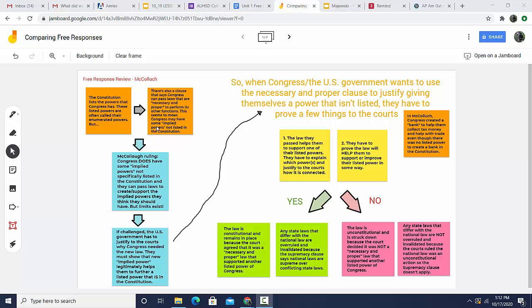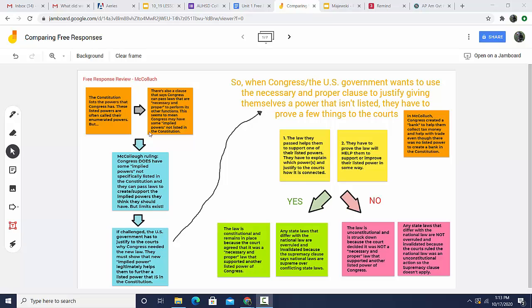So again, when Congress and the U.S. government on behalf of Congress want to use the necessary and proper clause anytime they want to justify giving themselves a power that they've created with a law, a power that's not listed, of course, then they have to prove a few things to the courts if they are challenged when they do. 1, they have to prove, again, that the law they passed helps them to support one of their listed powers, and they have to explain which power or powers is being helped by that, which listed ones, and they have to justify to the court how it's connected, that this new implied power is connected enough to the listed power.